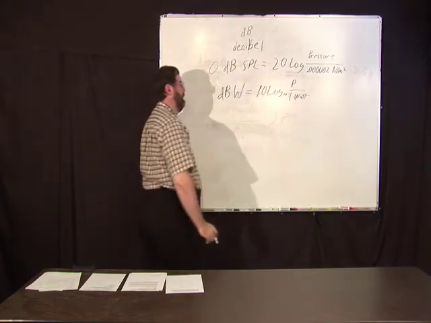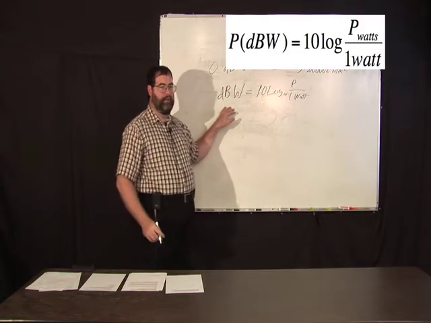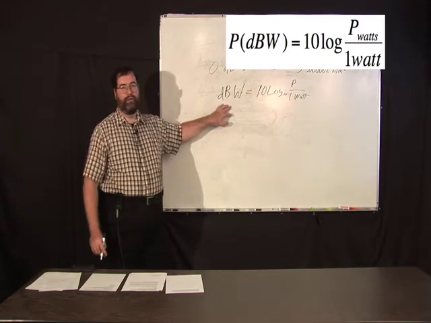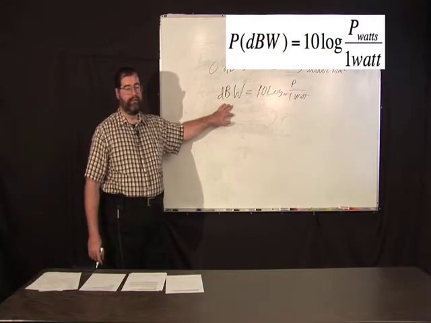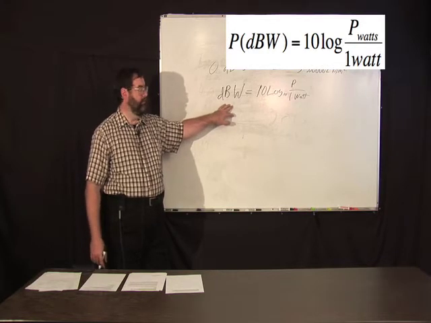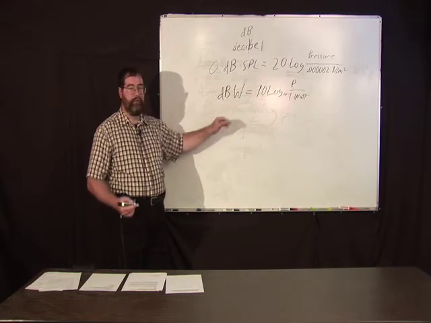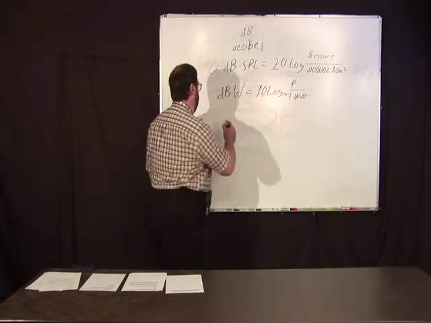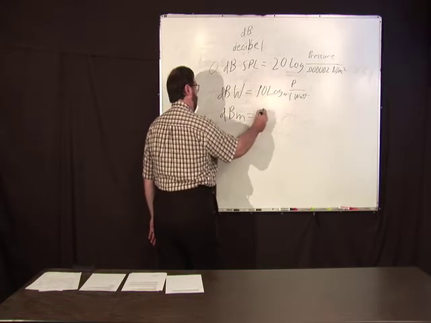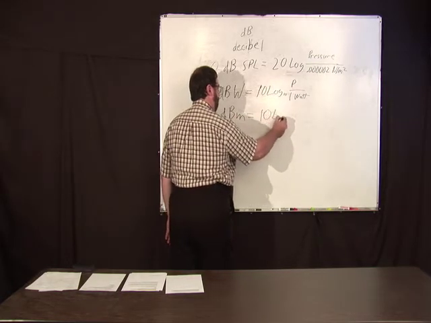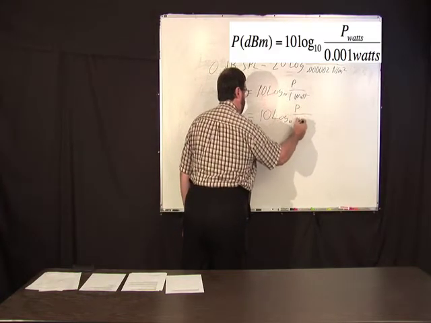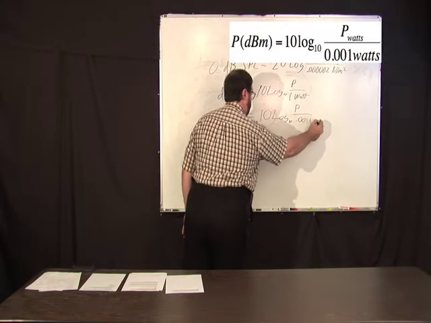So the reference for a dBW is 1 watt. A dBW is the number of dBs above 1 watt, or below, if it's negative. There's also something called dBm. Well, that's dB relative to a milliwatt, and that's power divided by 0.001 watt.